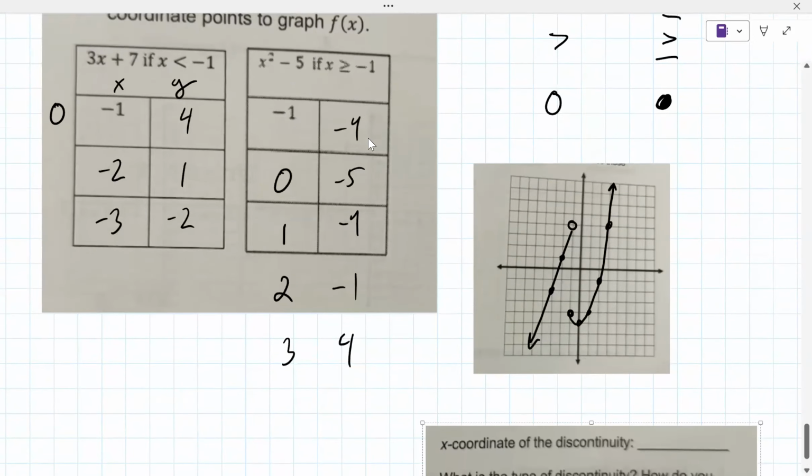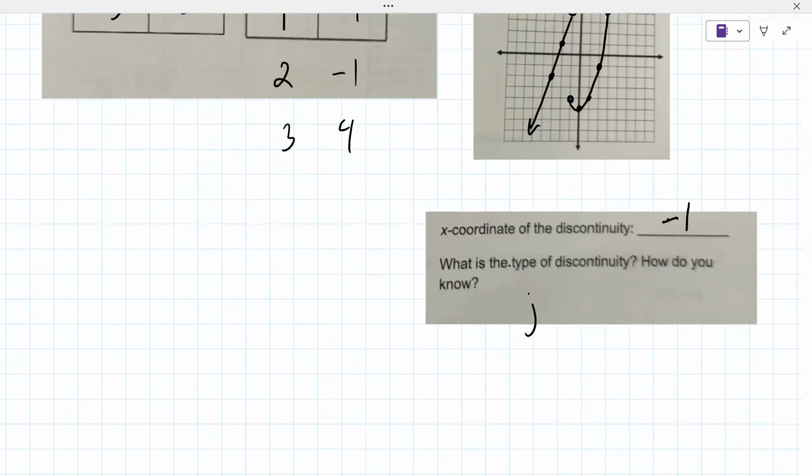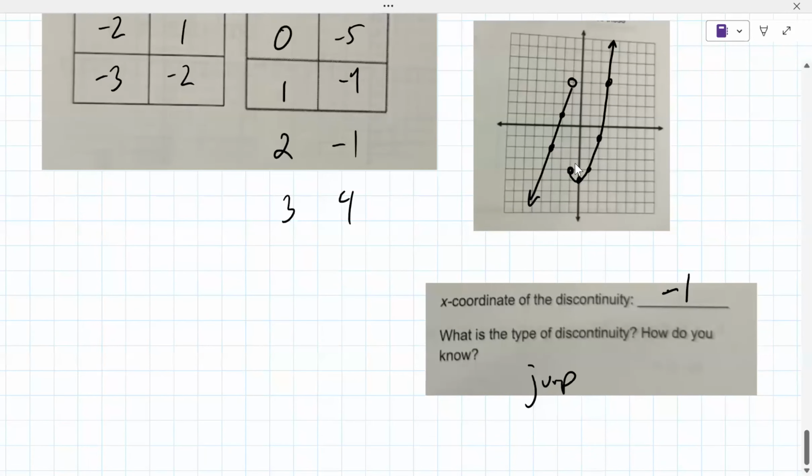So it's at -1. And then I don't know how you're supposed to know this, but it's a jump discontinuity. Maybe you can imagine jumping between them. Okay. Maybe not.